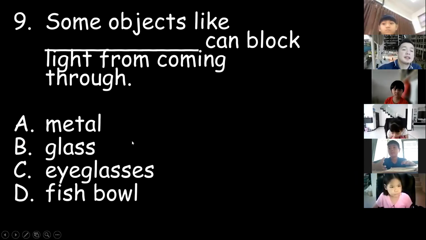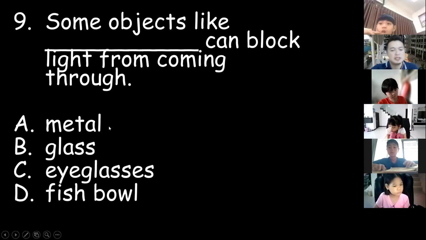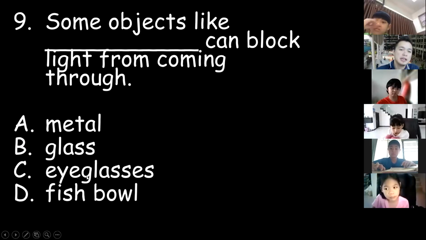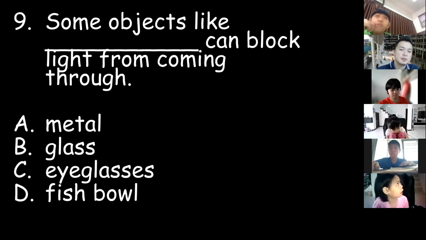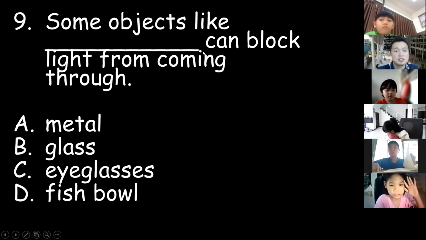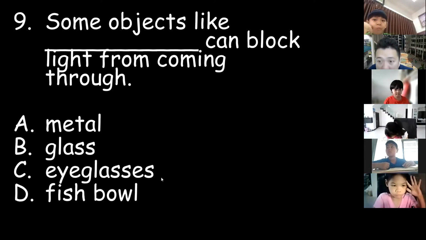Number nine. Some objects like blank can block light from coming through. Who can answer? Look, Chubb again.